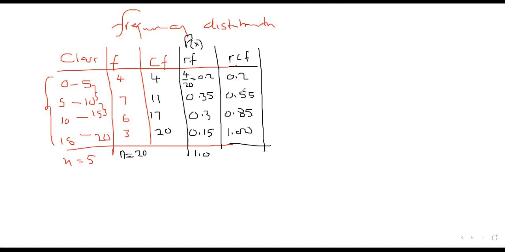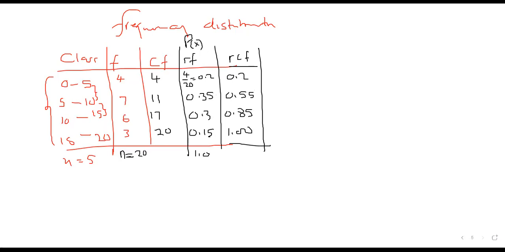Yes. 20% plus 35% is 55%. 55% plus 30% is 85%. 85% plus 15% is 100%. Let me just confirm it. Okay, all right. I think you missed it.